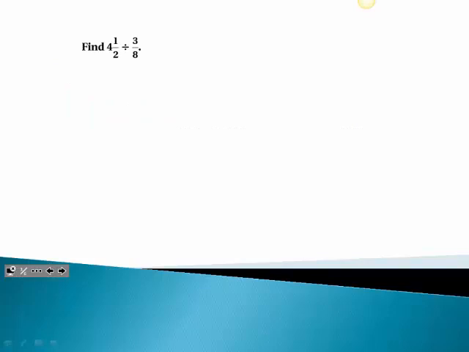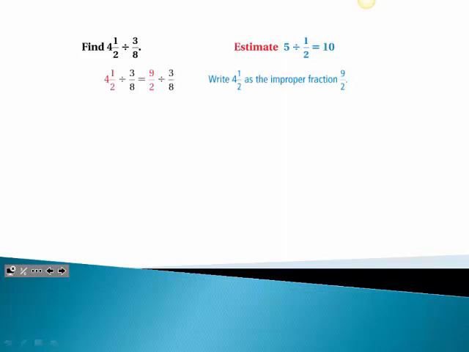So here we have 4 1/2 divided by 3/8. We're going to turn that mixed fraction into an improper one: 9/2 divided by 3/8. Even though we're not flipping the 9/2, we still want to make it improper so that it's easier to multiply in the end and simplify diagonally. So we're going to keep, change, flip.